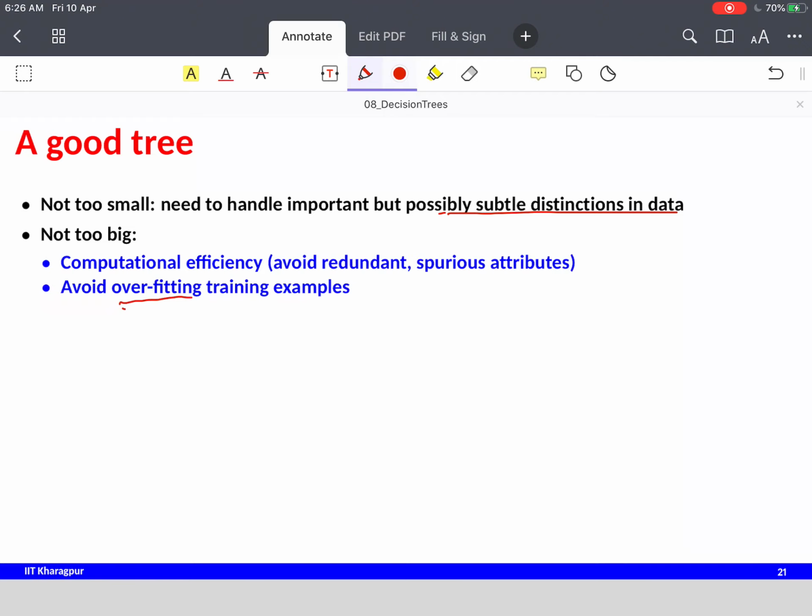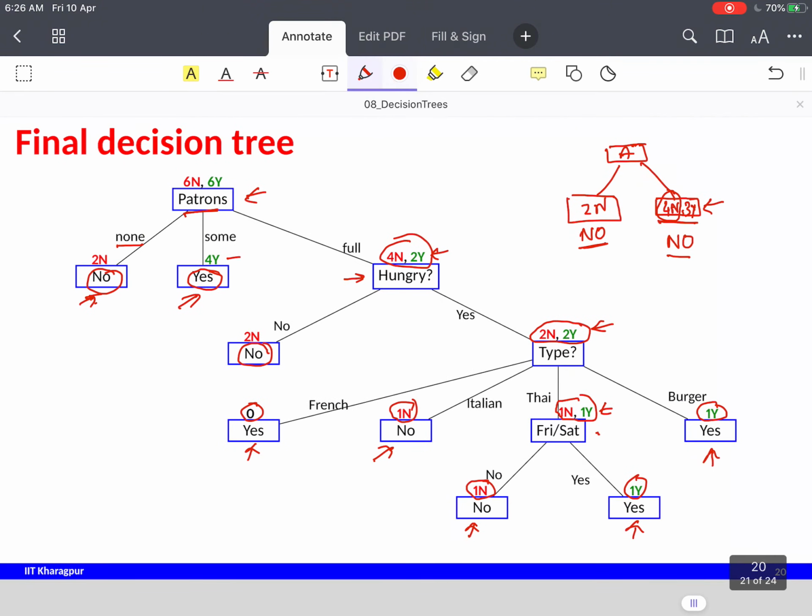Those kinds of overfitting situations can appear, so we need to avoid that.